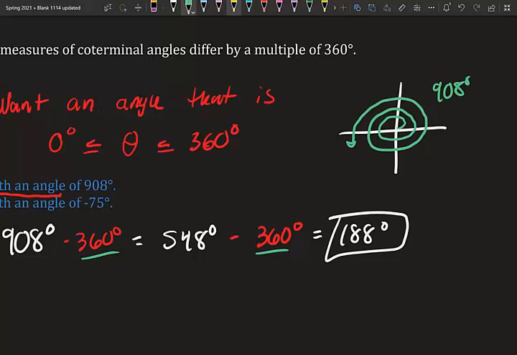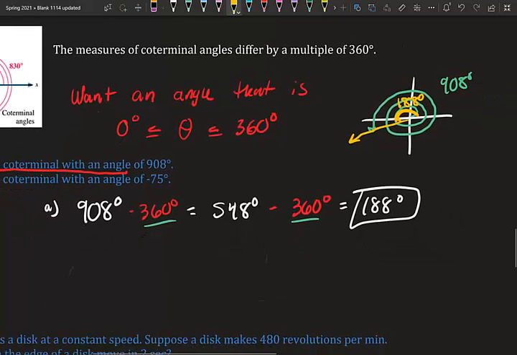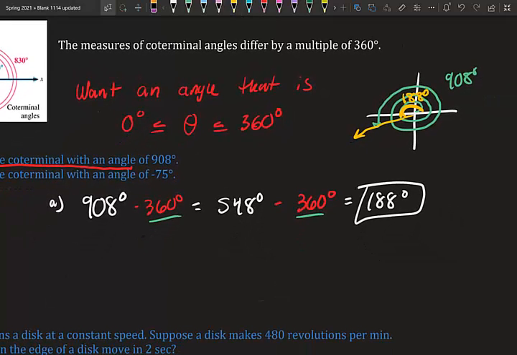So it ends up at 188 degrees. So a 908-degree angle is the same exact thing as a 188-degree angle. We subtracted 360 from 908 because it was bigger than 360.